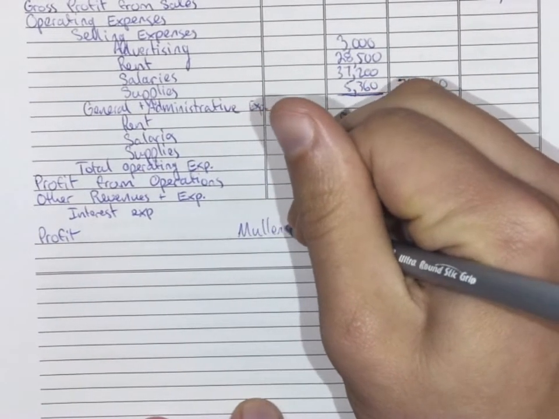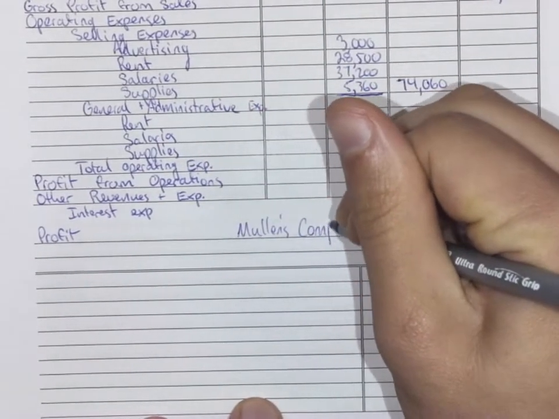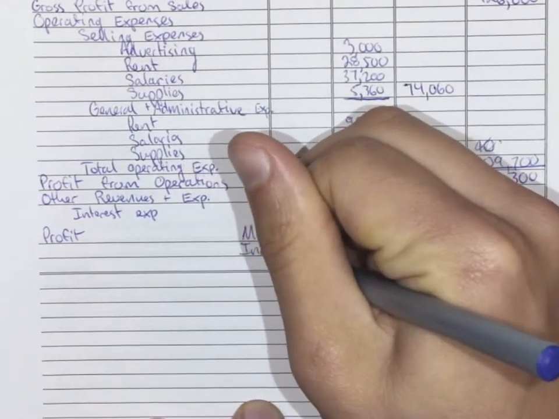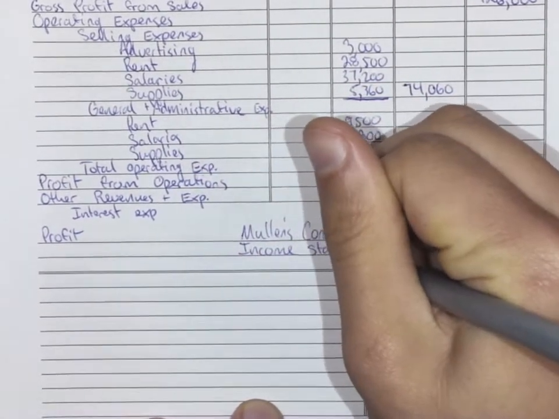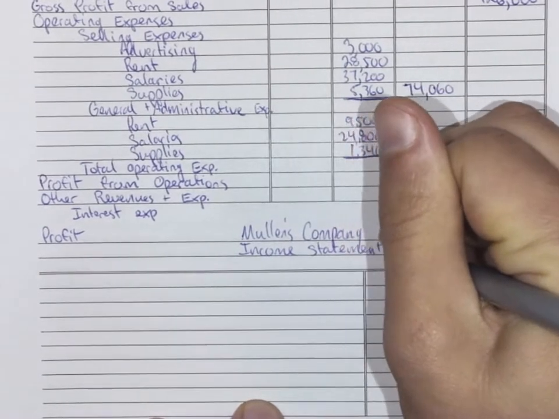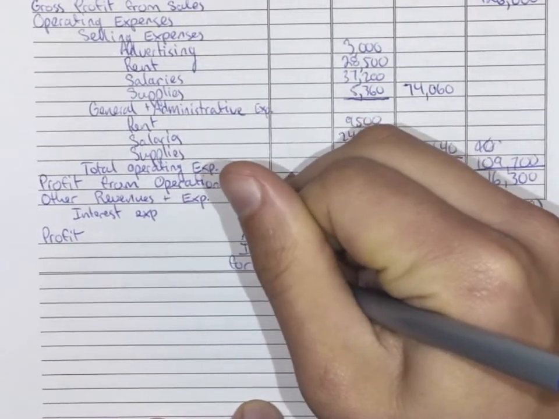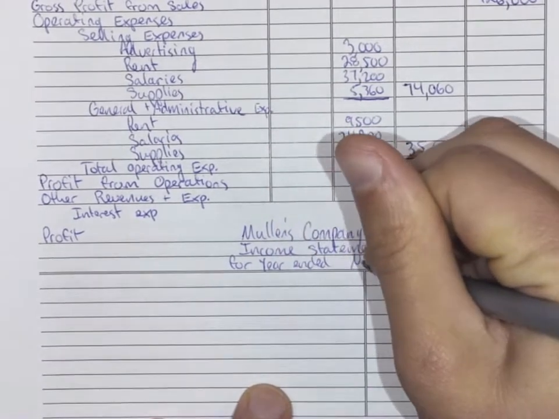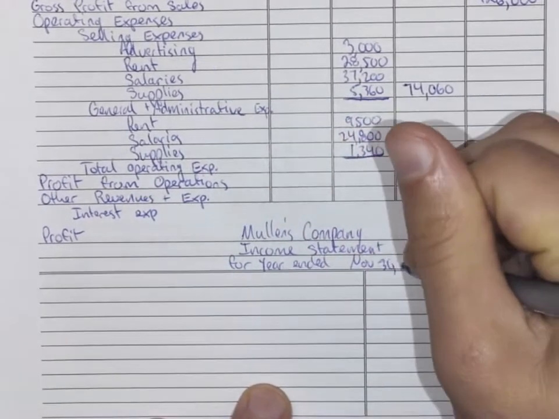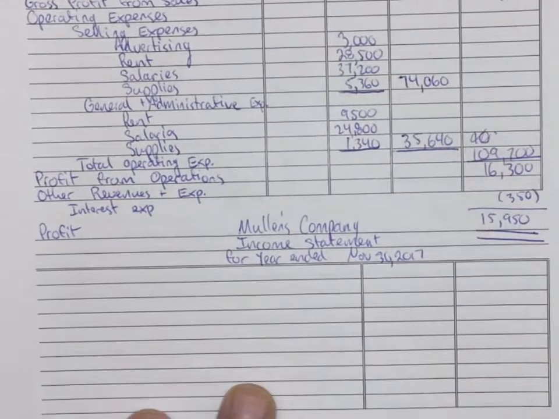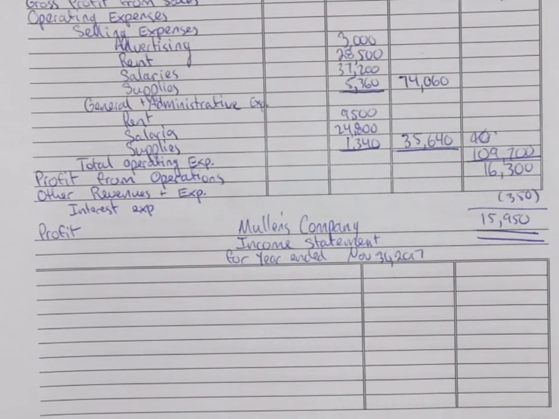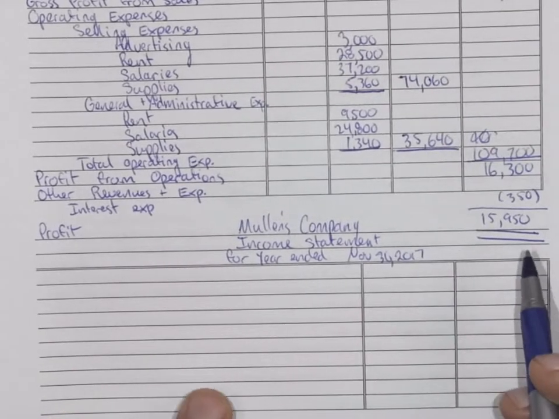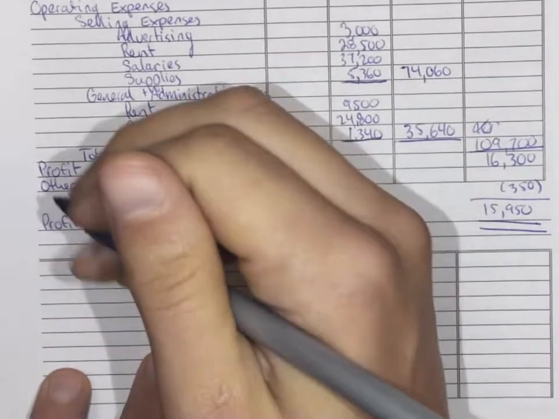Mullins Company. Income statement. For a year ended November 30th, 2017. Now here, all we're doing is taking all this information and making it really simple here.